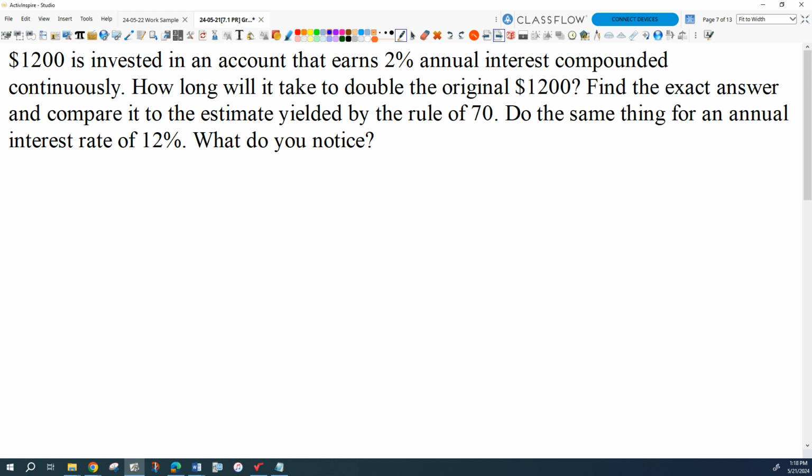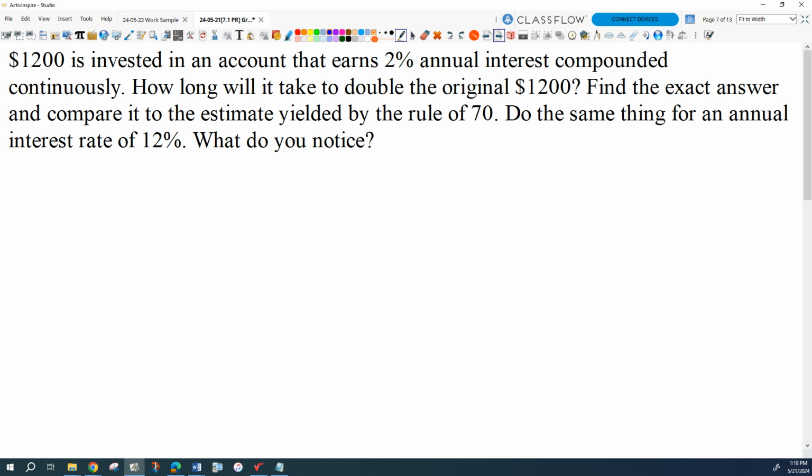But if we let the number of compoundings approach infinity, then PERT becomes our exponential growth model. Then it just becomes A naught e to the kt. And that's what we call compounded continuously. And that's usually what financial people would use, interest compounded continuously. It's easier to work with.